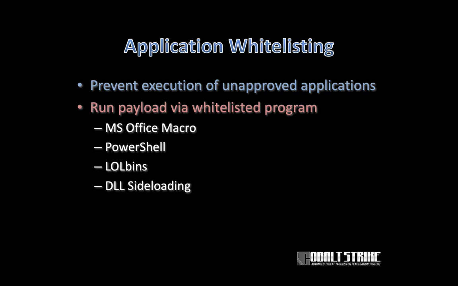And these are programs both shipped with Windows or even available for download elsewhere that are signed by a trusted party like Microsoft and have functionality that allow you to run a payload in the context of that trusted program. Another strategy is to take advantage of DLL sideloading. Again, this is application whitelisting technology dependent, but in some cases, a program will search user-writable folders for DLLs that it needs to load.